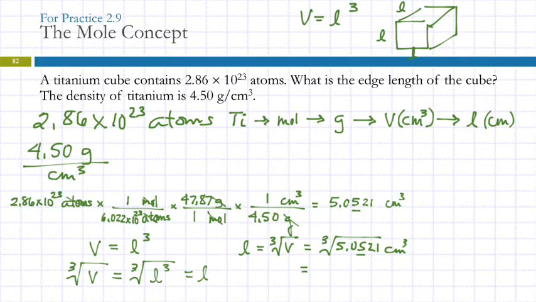I'm going to press 3, and then that, let me see. 3 box root 5.0521 equals. Yeah, I think that worked. And my calculator is showing me 1.7158. You take the cube root of centimeters cubed, you're going to get just centimeters.